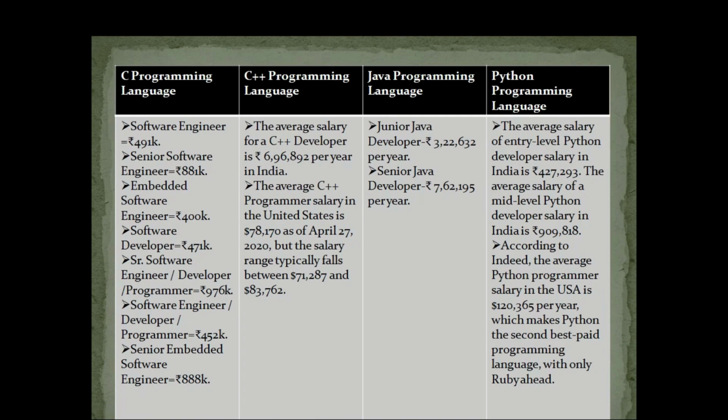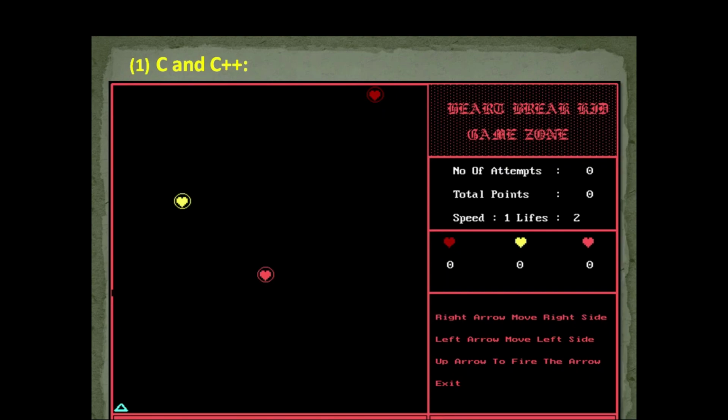So guys, let's come to the next slide, which is projects. What is the meaning of projects basically? In my opinion, you should have the mindset of what we can develop from these languages. With C and C++, you can build games, console based games.